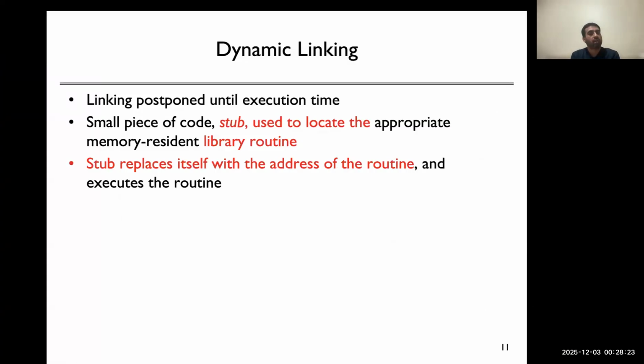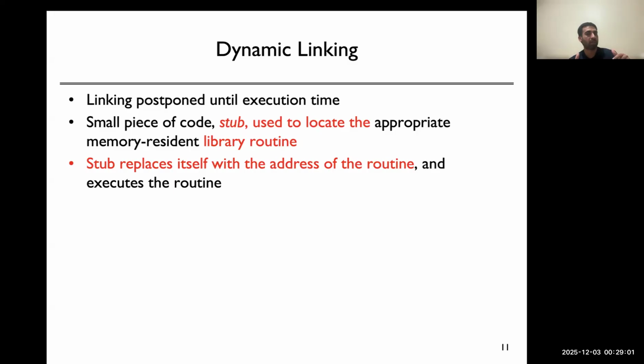And how does dynamic linking actually work? You have small pieces of code known as stubs, which are used to locate the appropriate memory-resident library routines. Stubs are just placeholders. So in the table which I showed you on the other slide, if you are using dynamic linking, instead of the actual address where the printf function is located, you will have this placeholder, which means that you don't know in advance at what address printf is defined, right?